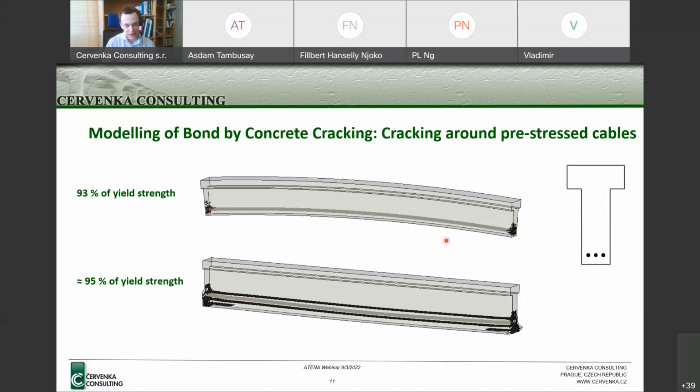You can see that the characteristic shape will collapse. We will lose the continuum bond between the elements, which is of course something we don't want to occur. So even this kind of problem can be modeled using ATENA.